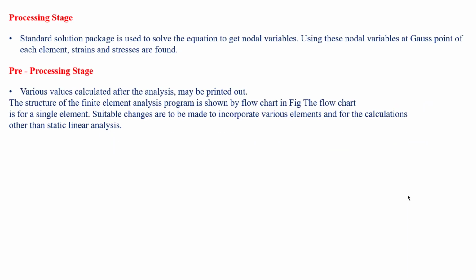Now, whatever things you have defined in the pre-processing stage, using the standard solution packages like Radioss, OptiStruct, LS-Dyna, Abaqus, okay, even the Ansys solvers use the standard packages, and then it will solve for the variables at each and every Gauss point, like the stress, strains, and the global values.